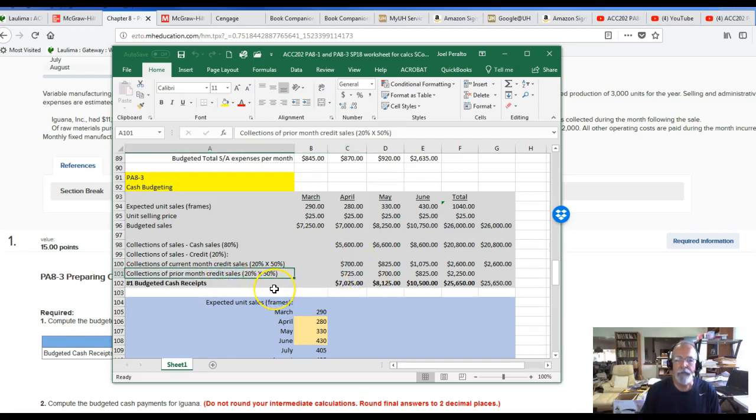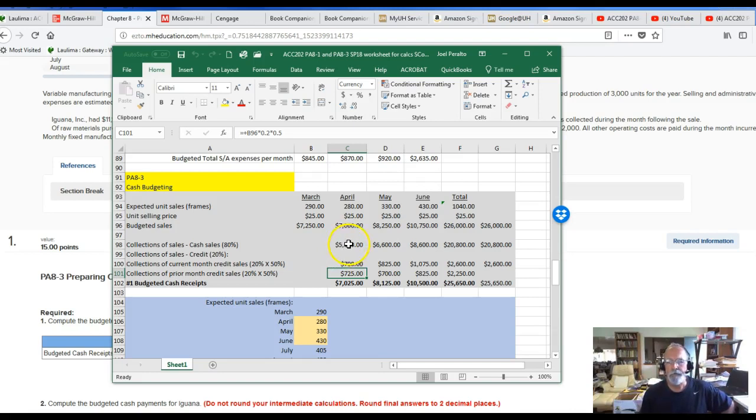And the remaining 50% of credit sale collections comes from the previous month. So that's why we had to go back into March to calculate March budgeted sales, from which we can calculate 20% of that amount as credit sales, and so 50% of that will be collected in the current month, which is April.